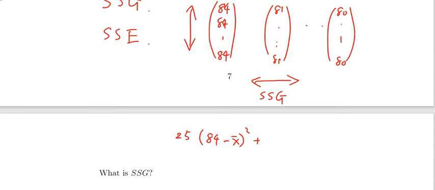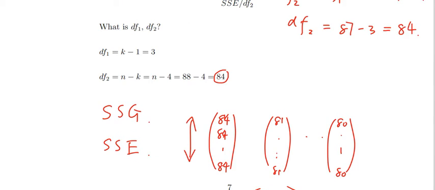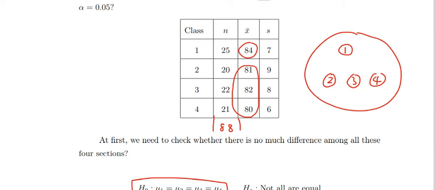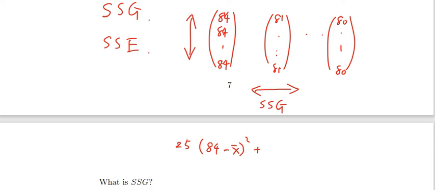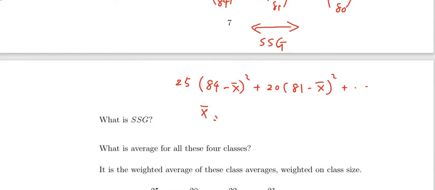I remember class 1 has 25 students. Then we have 81, 20 of those 81 minus the average, squared, like this, right? This average X bar is the average for all students. We call this average the grand average, or grand mean.